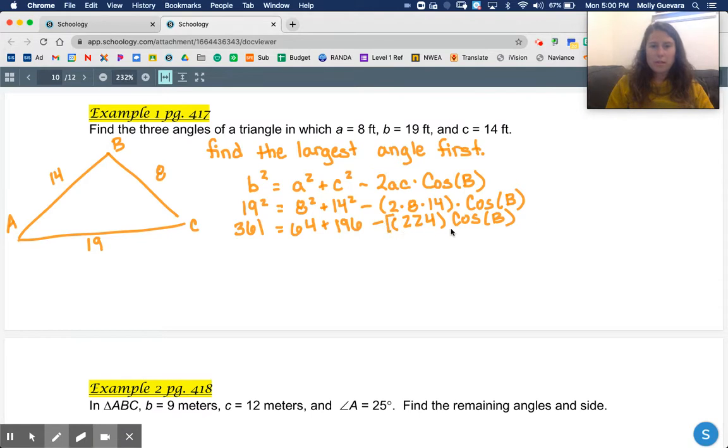This is all together. So that is the biggest mistake that people make. That's where the biggest mistake is every time. So I have 260 minus 224 cosine of B. I cannot subtract this. I can subtract the 260 to the other side.